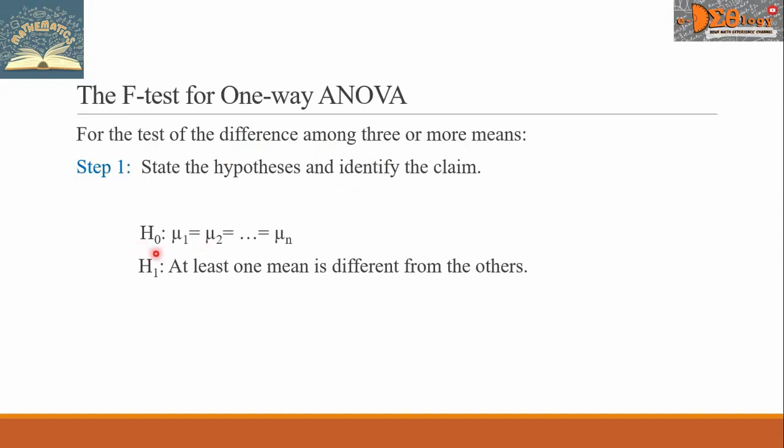The null hypothesis, denoted by H sub 0 colon mu sub 1 equals mu sub 2 equals up to mu sub n, where n here is the number of means. While the alternative hypothesis, denoted by H sub 1 colon, we say that at least one mean is different from the others.